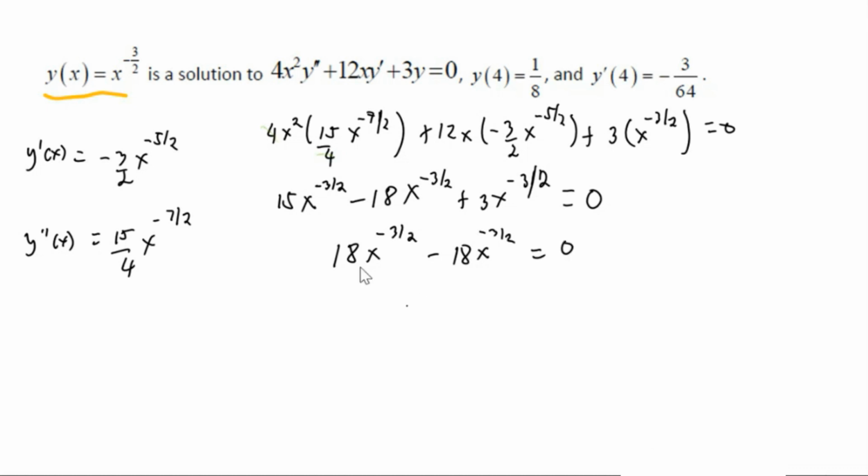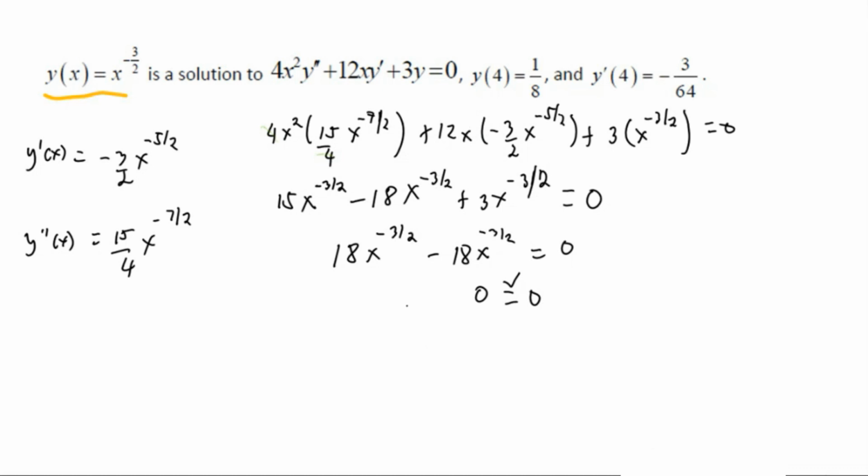So the left hand side now will give us 0 is equal to 0, which is now true. So therefore, the given equation of y of x equals x to the power of negative 3 over 2 is a solution to the given differential equation. So now we have satisfied the first condition. So next is we are going to satisfy the initial value condition.